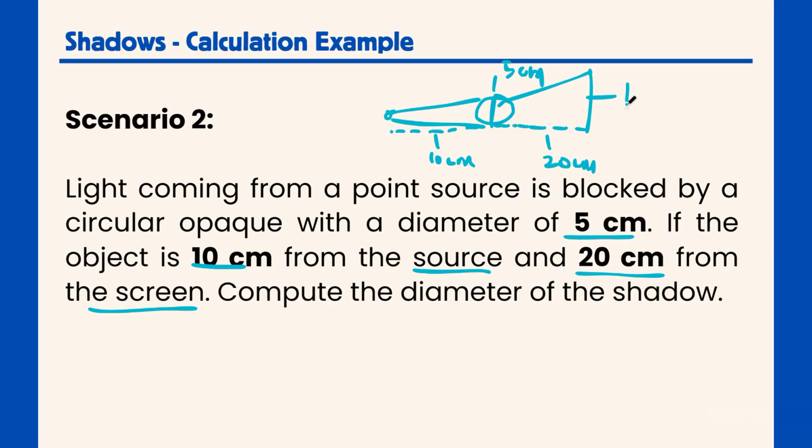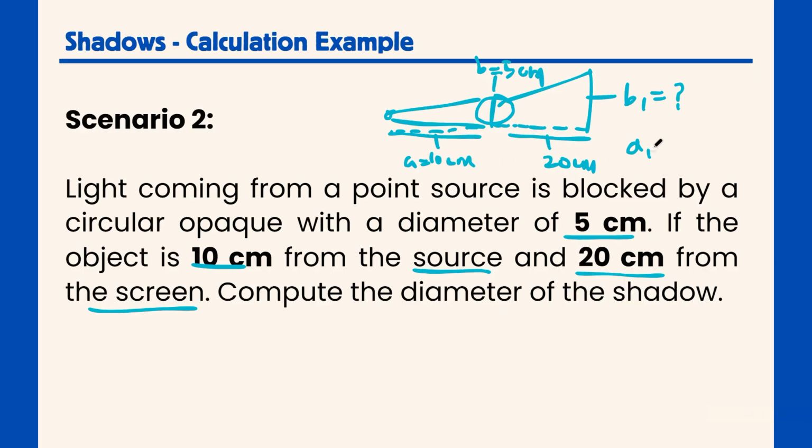So ang ato gipangita is ang ato B1. So what's the value? And this is our A, and this is our B. As for our A1 naman, since ang distance sa kining circular opaque is 20 centimeters from the screen, and ang ato circular opaque is also 10 centimeters away from the source, so we actually have to add this because mao ning distance na 10, mao ning distance nga 20.